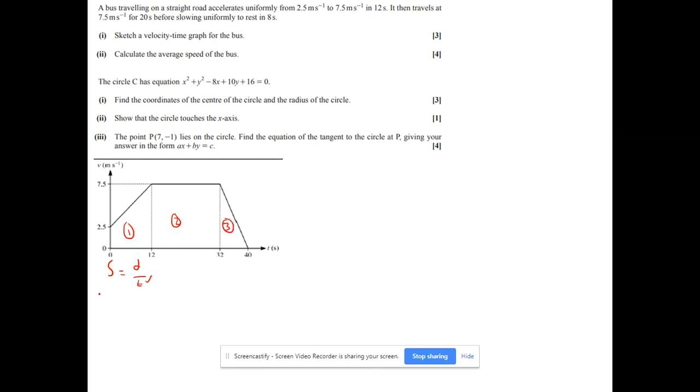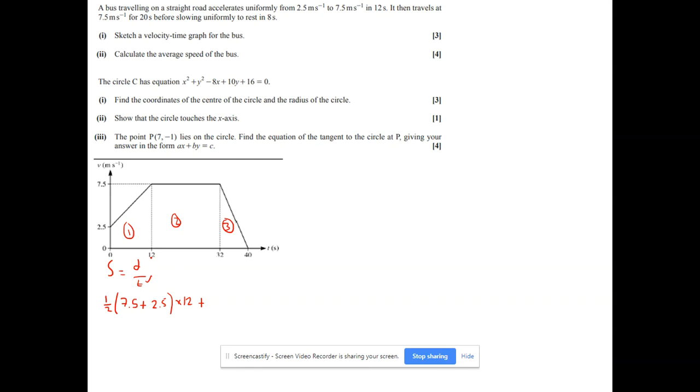So 1 is a trapezium, and the trapezium is a half of the open bracket, the A plus the B, which is 7.5 plus 2.5 times by its height, which is 12 seconds.